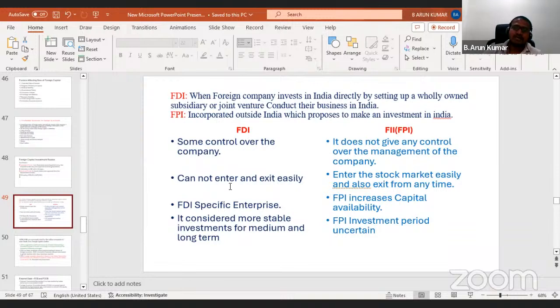Coming to FDI, a company cannot enter and exit easily. Through the FDI process, any foreign company will not simply come and will not exit easily. They have some restrictions and pre-fixed limits.